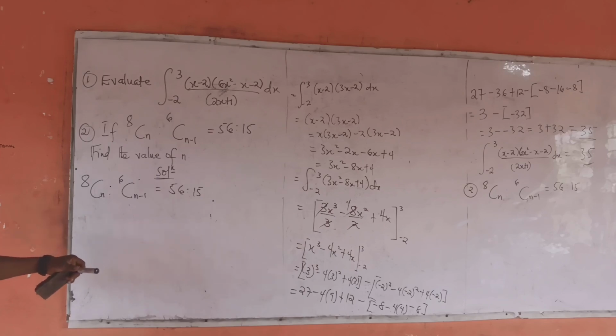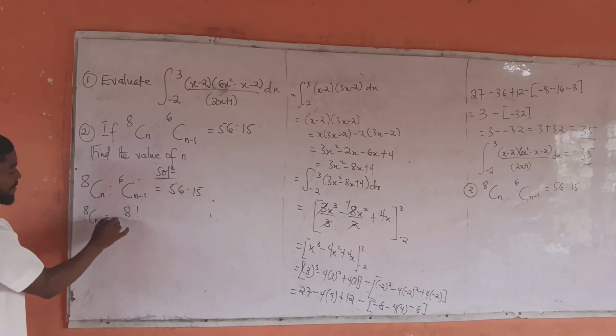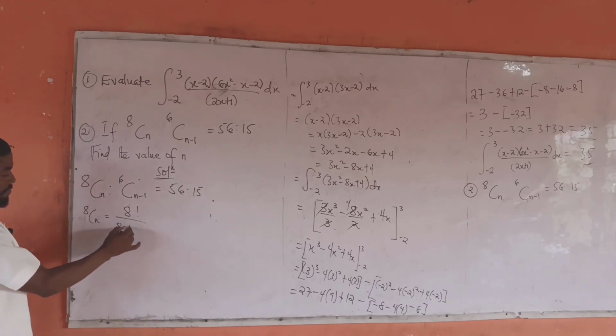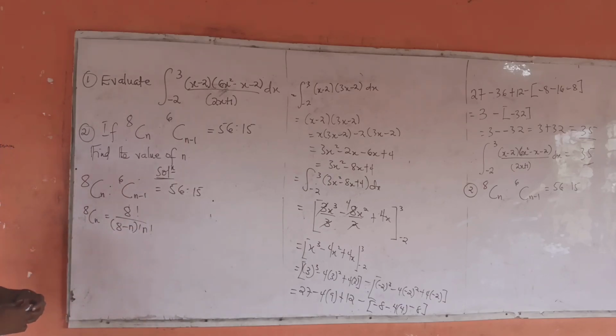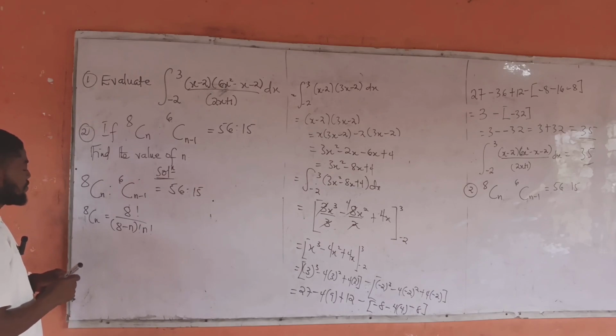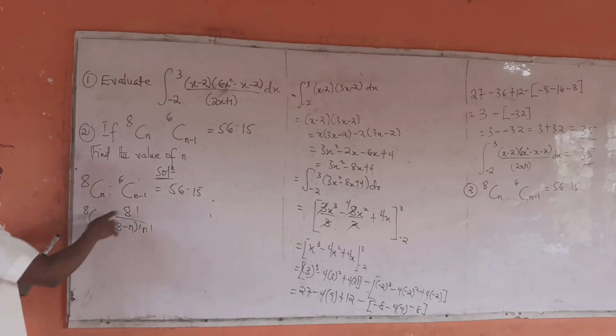And then from the definition of combination, this is going to give us 8 factorial over (8 minus n) factorial n factorial. So we keep this, then we work with it. We maintain this one for now, and then we have the other side.